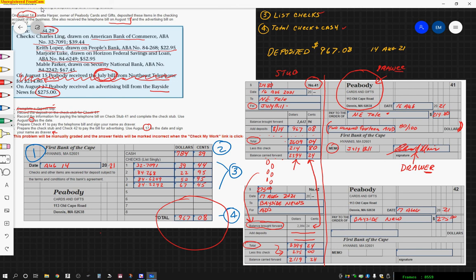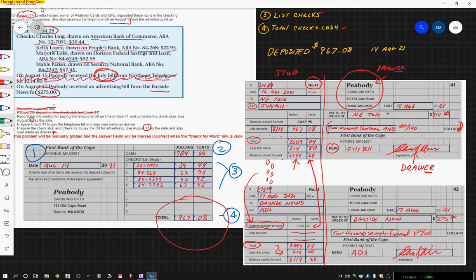You will write 200 70-5 and how many pennies? 0/100s. Now this is how they'll show you to do it. You can put an X there, so we know that there's 0/100s we're talking about in pennies. What was it for? This was for ads, and then again you are the drawer, so you're going to sign your name.